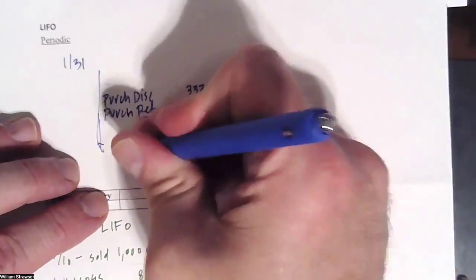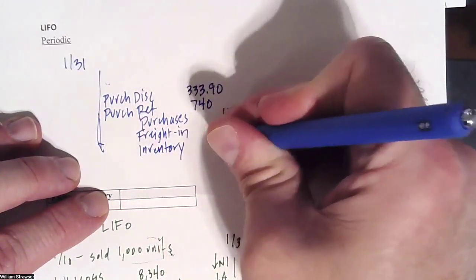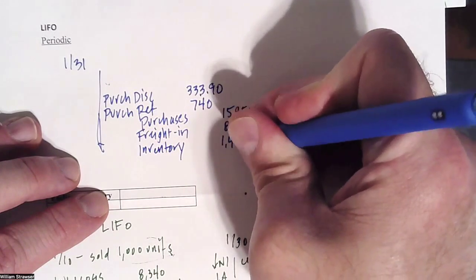Our beginning inventory also has not changed. We're still getting rid of that balance, $1,400.